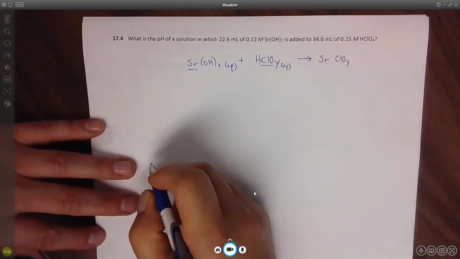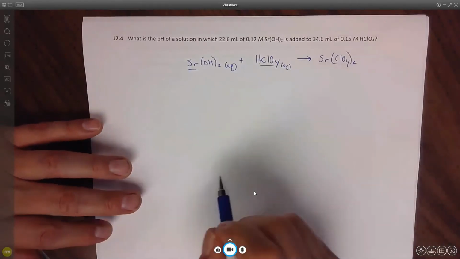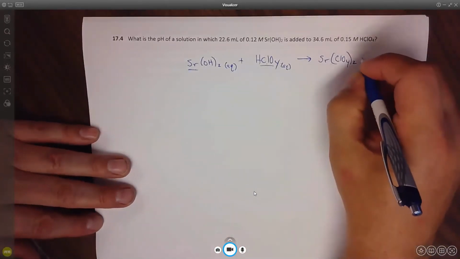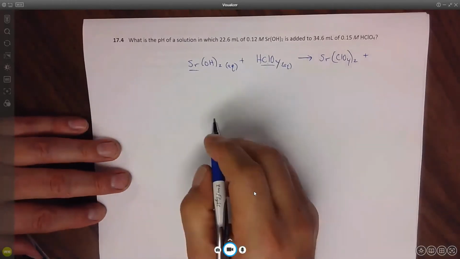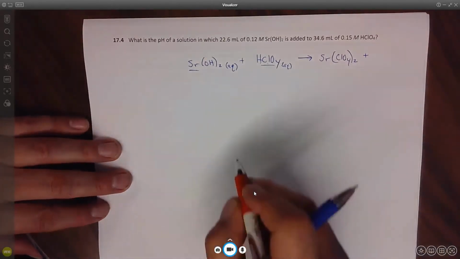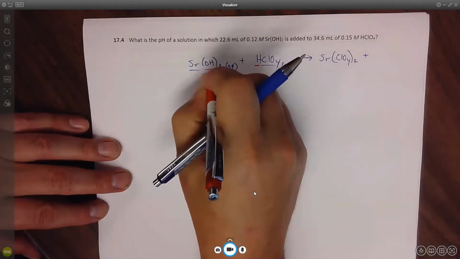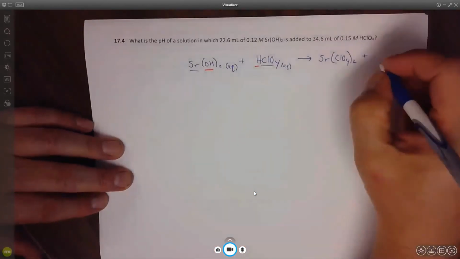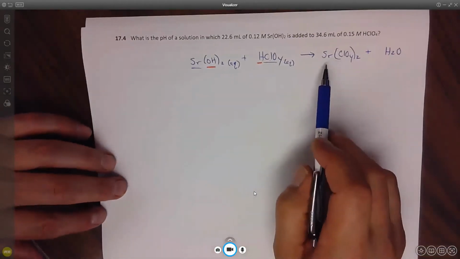Sr(ClO4)2. Right, there's going to be 2 of the perchlorates, so that gives us our neutral salt. And what about the other product? So that was the cation of the first with the anion of the second. H2O. Yeah, then we want the cation of the first or second with the anion of the first, which is HOH or just H2O. What phase label would I give strontium perchlorate?